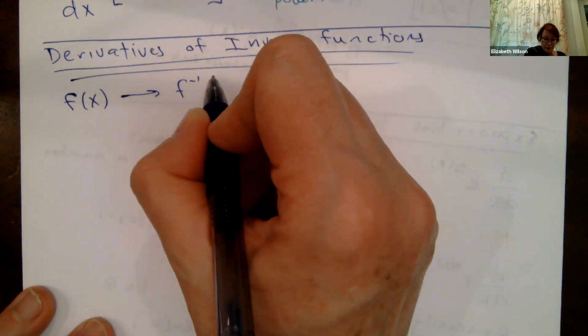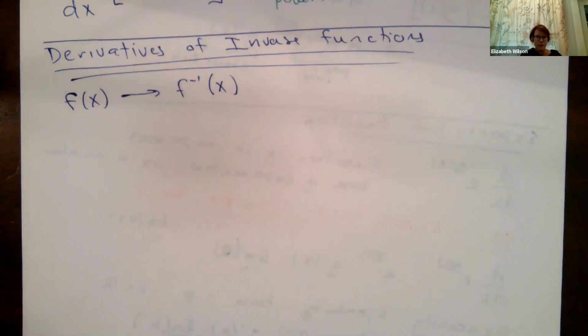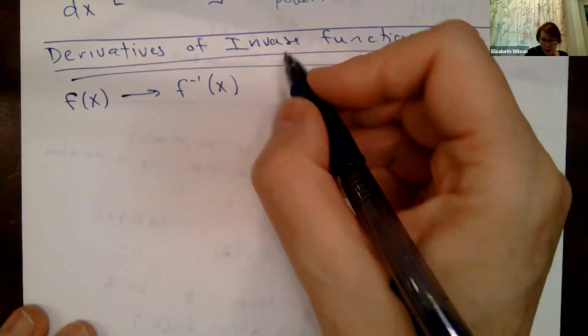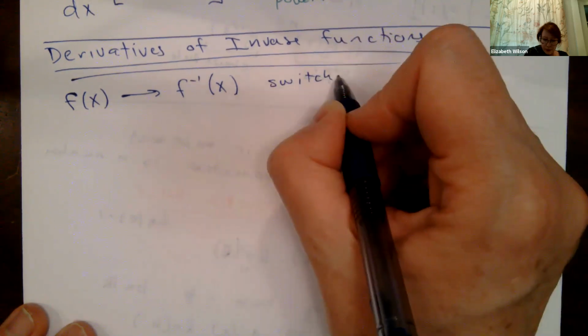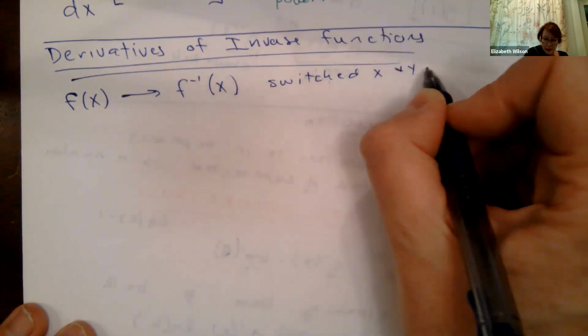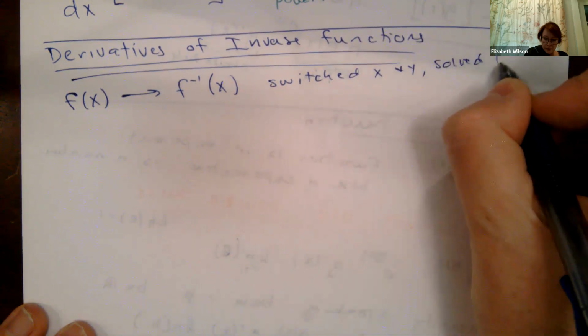Remember, we write it as f to the minus 1. Now be careful. I've got an x to the minus 1 button on my calculator. That means taking the reciprocal. This is an inverse function. Remember how we did that? We switched the x and y and then solved for y.